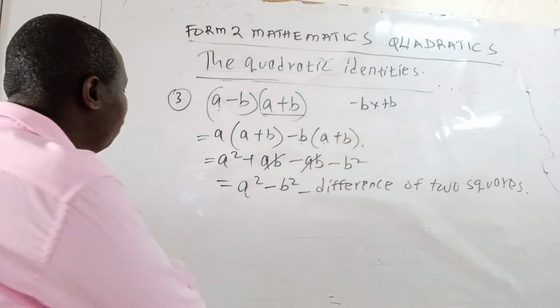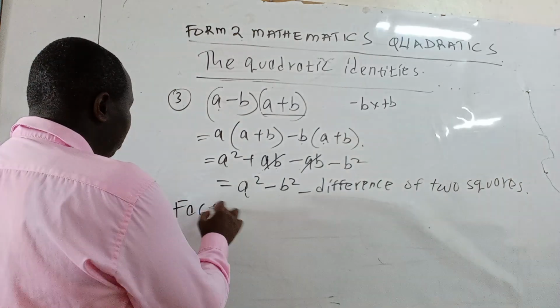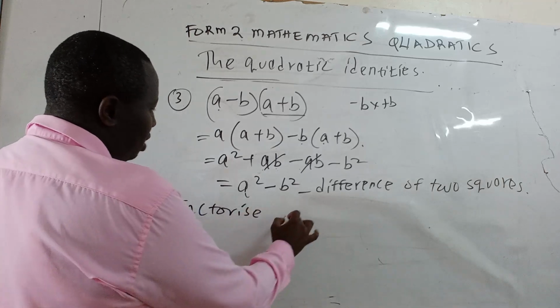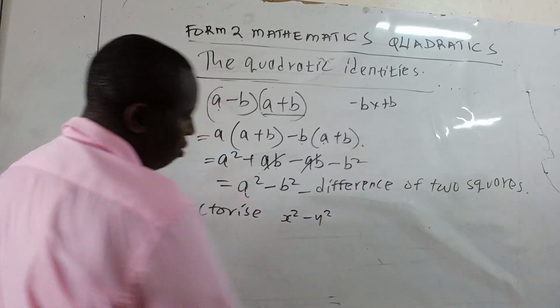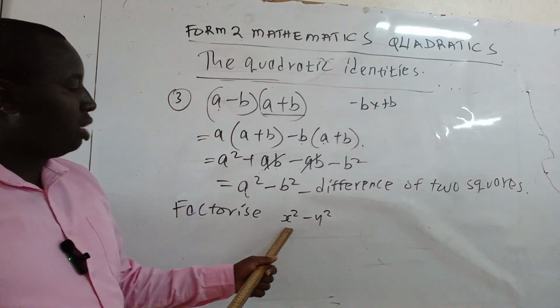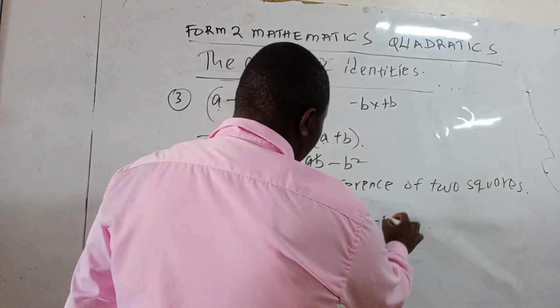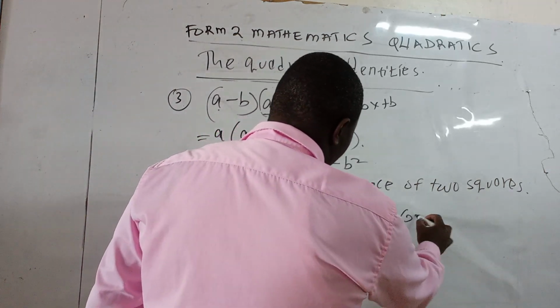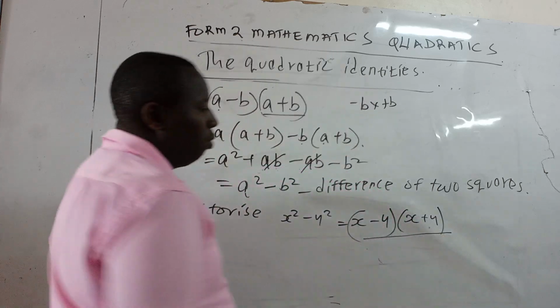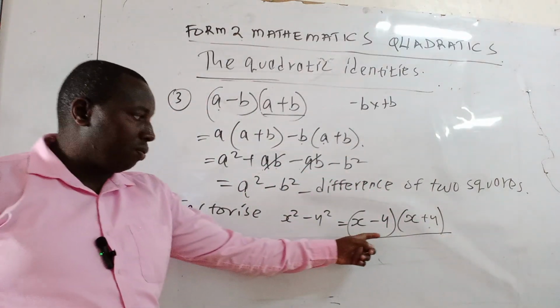So if you are asked to factorize, let's say, x squared minus y squared, you are supposed to get the factors x minus y and x plus y. These are the factors of a difference of two squares.